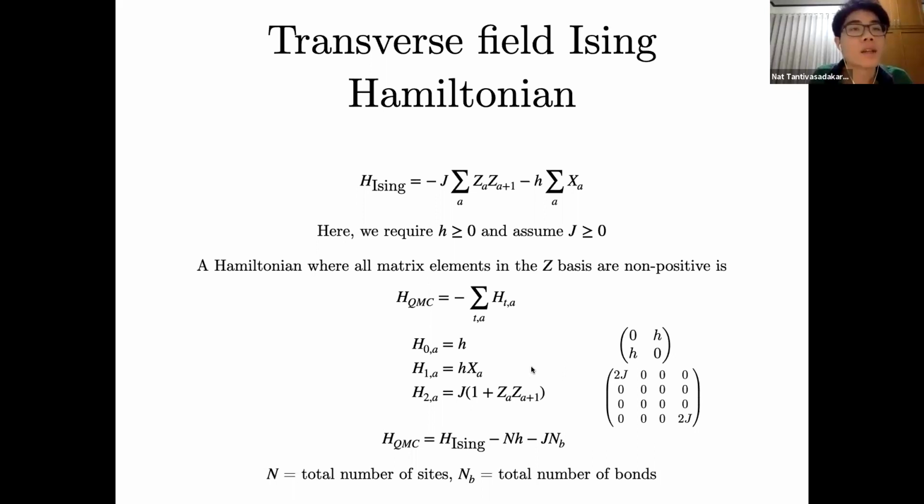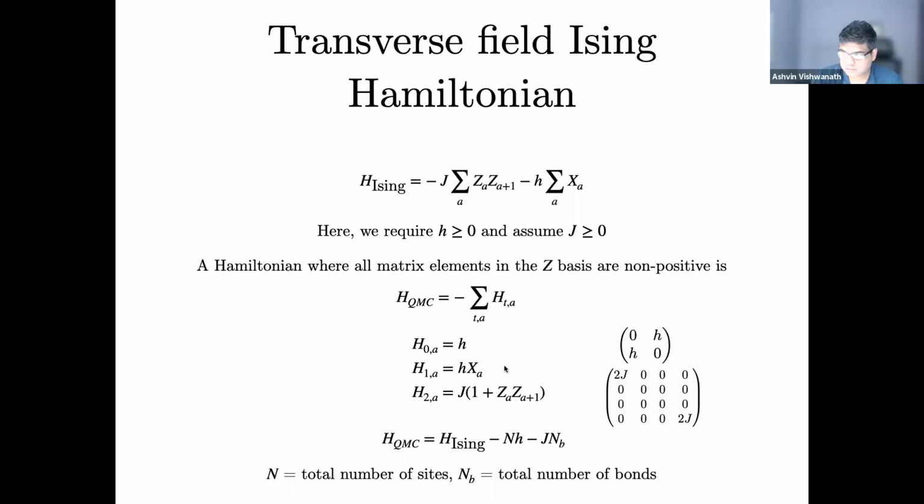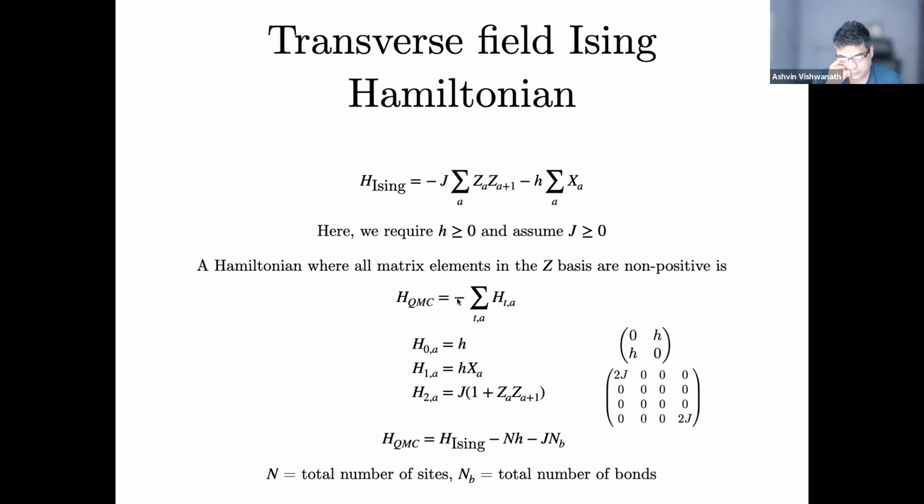Did I have a sign mistake here? They both have minus ZZ, right? I think it's the same sign. Correct, it is the same sign. It's just that you shifted by a constant. Yes, I have a minus in front of both, and I shift them by a constant H here and a constant J here.